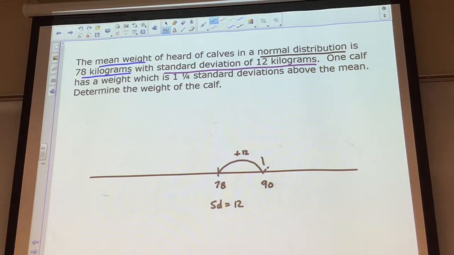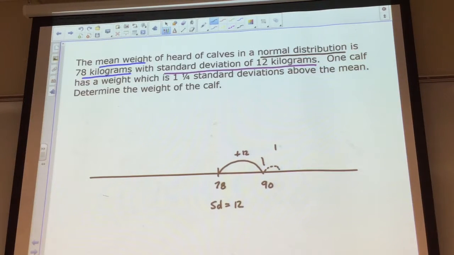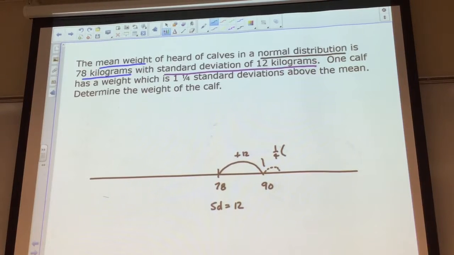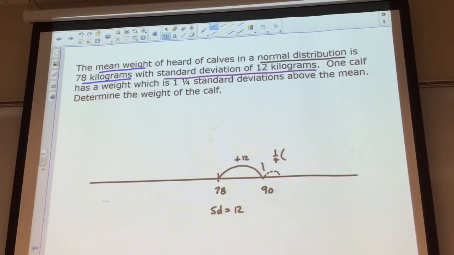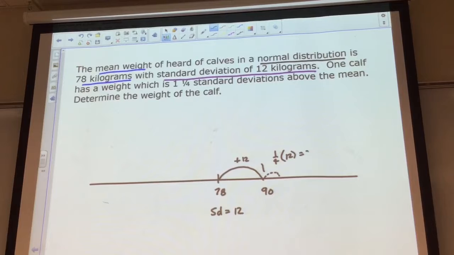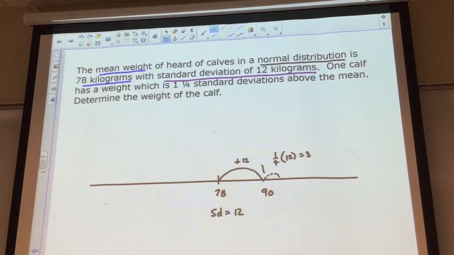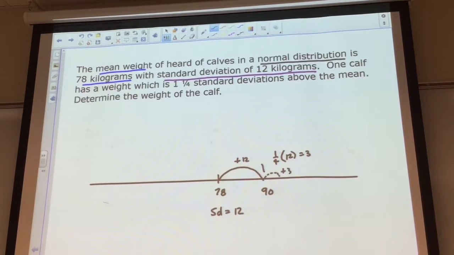And then we take only a fraction, we take 1/4 of a step. So we then have 90 plus 3, which means we end up at 93.